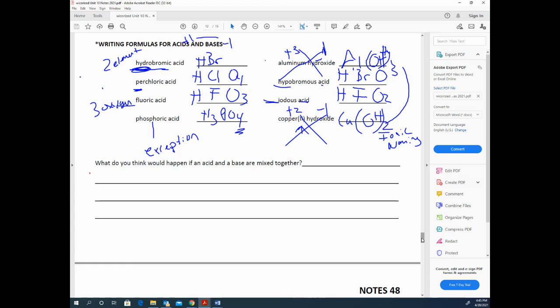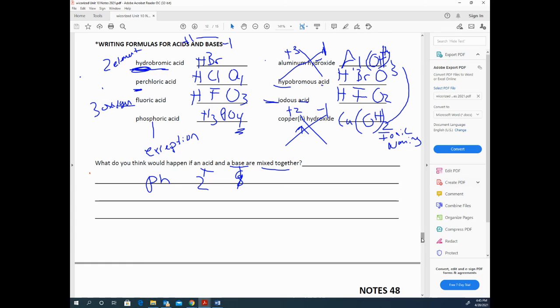All right. So what do you think would happen if I have an acid and a base and I mix them together? Think about pHs. If I have an acid with a pH of 2, and I mix it with a base that has a pH of 8 or 9, let's say 9, well, neutral is 7.